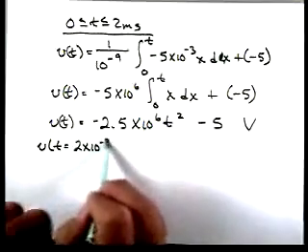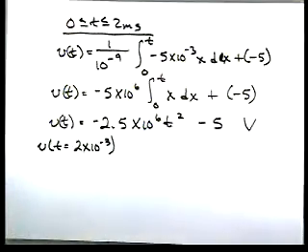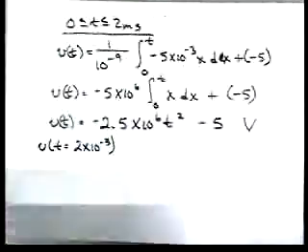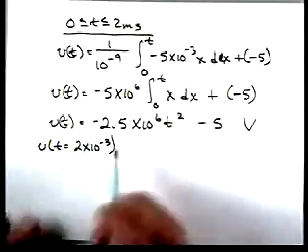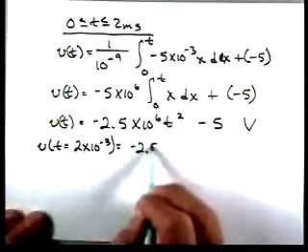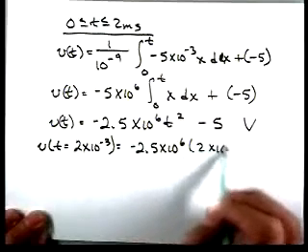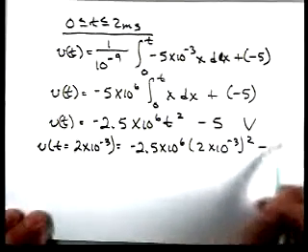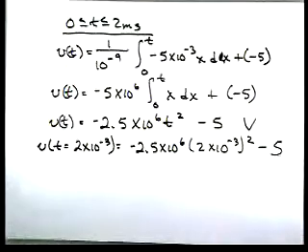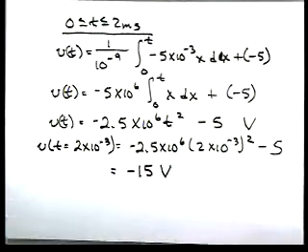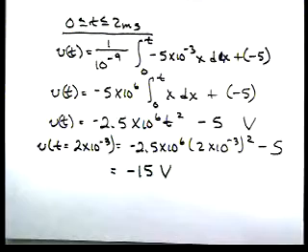We want to know the value of the voltage at the end of this interval, because that's going to be the value at the start of the next interval. So we have minus 2.5 times 10 to the 6th times 2 times 10 to the minus 3 squared minus 5. And if you calculate that, V of t is minus 15 volts.